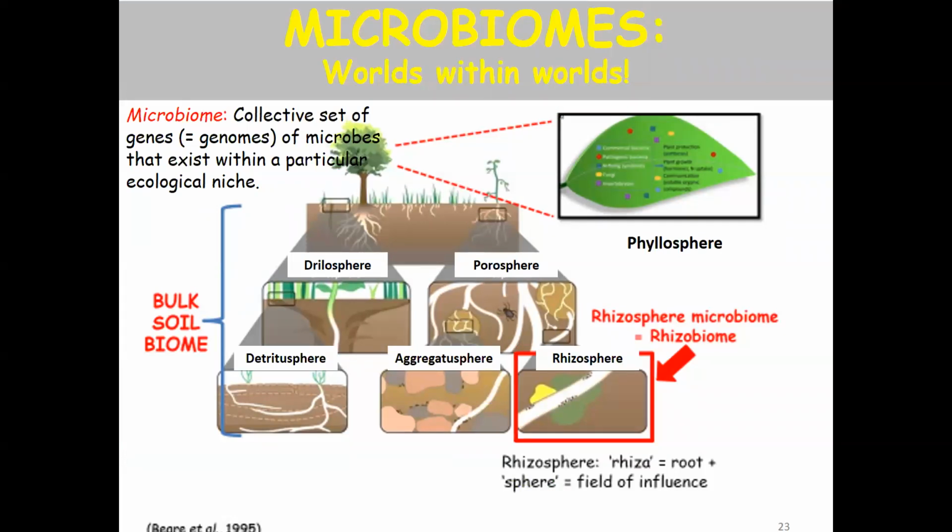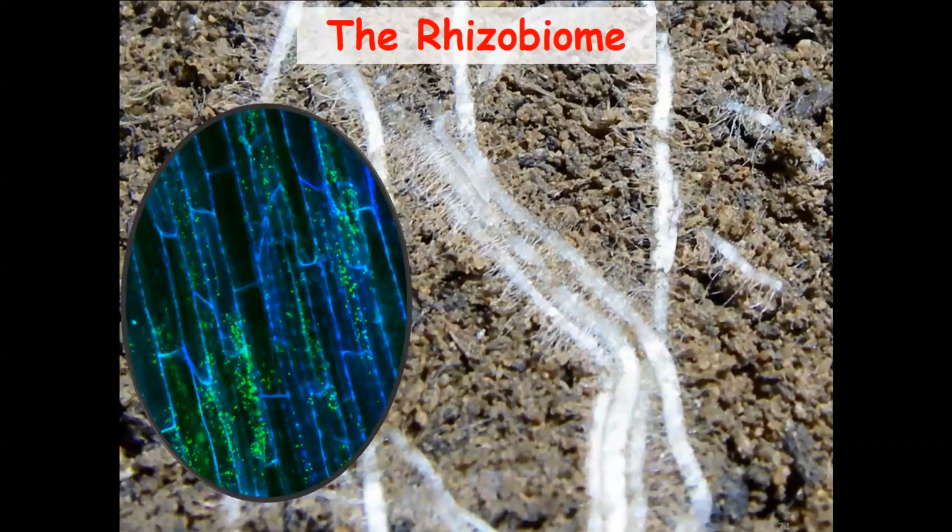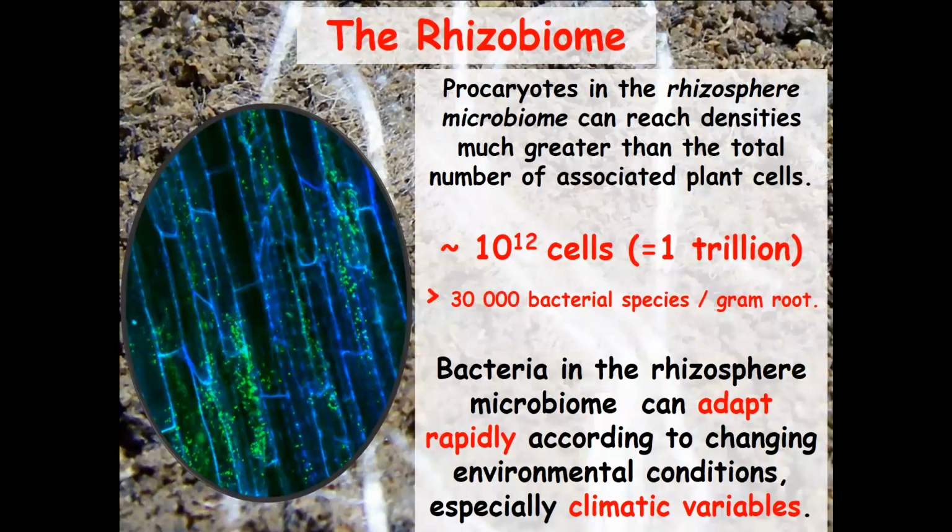This is one of the most important biomes on the planet, as you will see later on as we progress. The rhizobiome has an enormous density of prokaryotes, reaching densities much greater than the total number of associated plant cells, much like in our bodies. 1 trillion plant cells can occur in the rhizobiome.